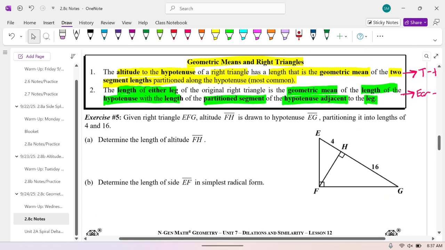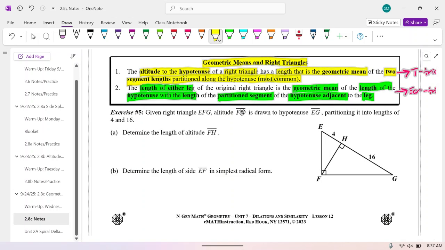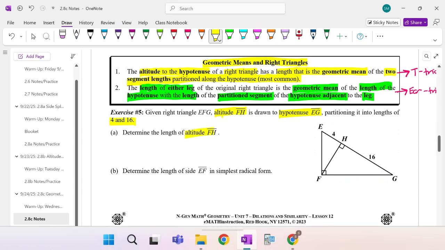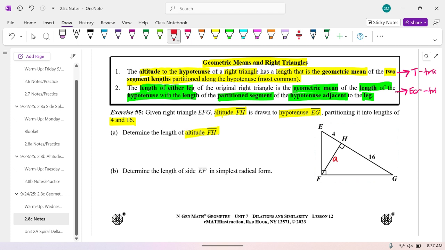So if we look at this triangle, given the right triangle EFG, the altitude is FH, and it's drawn to the hypotenuse EG, partitioning it into two lengths, 4 and 16. We're going to determine the altitude FH, so we're going to call that A. This is the T trick. What the T trick means is that if you look right here, do you see how that makes a T?